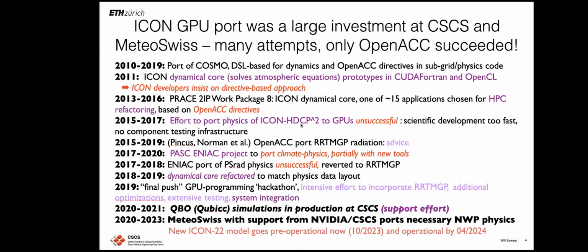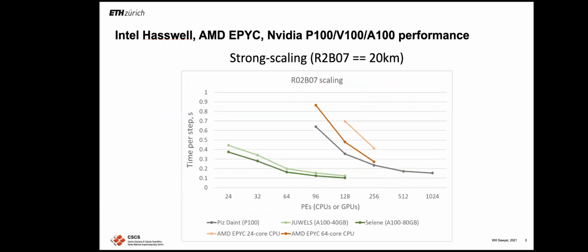And also in the last 3 to 4 years, Meteor Swiss, with a lot of support from NVIDIA and some from us, brought the necessary numerical weather prediction physics also to GPUs. And as I said, it is going to go operational very soon.